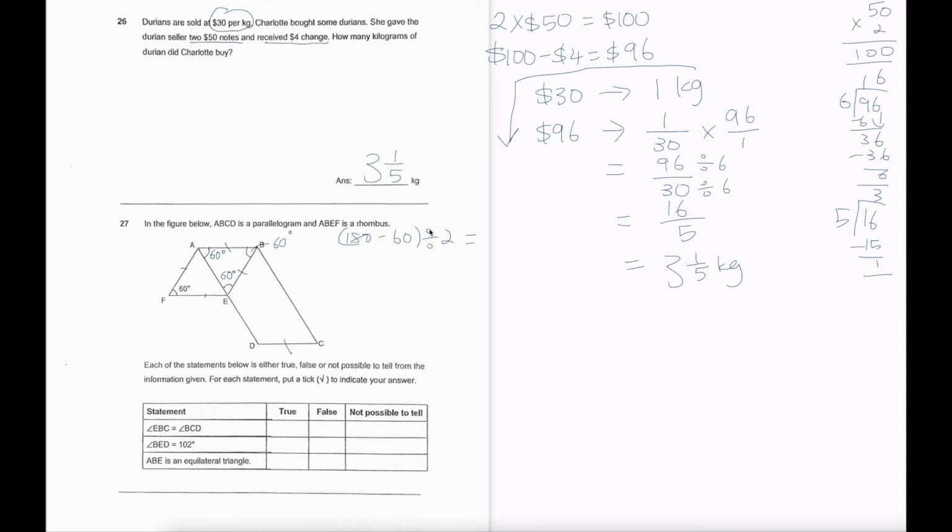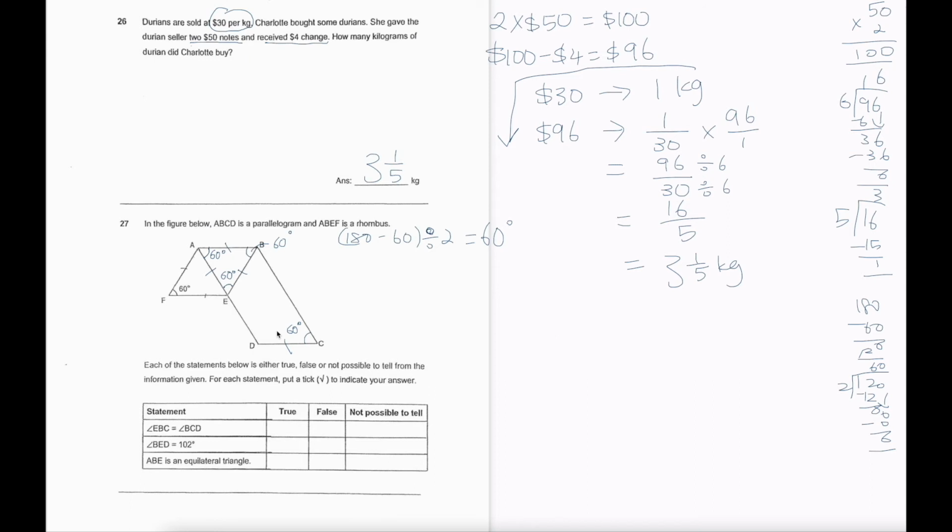So 180 minus 60 is 120. 120 divided by 2 is 60. So that's why my angles are all 60 degrees, and it shows that it's an equilateral triangle. Okay, and where's BCD? BCD is here. So if this is 60 degrees, the one opposite will also be 60 degrees, because they are opposite angles in a parallelogram.